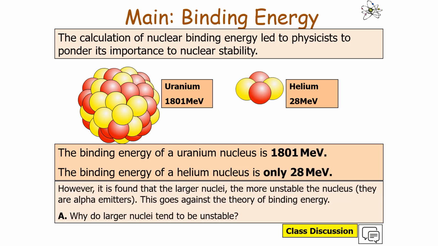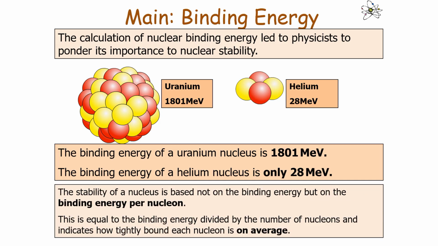However, it's found that larger nuclei tend to actually be more unstable because they tend to be alpha emitters, which goes against the theory of binding energy. So why do these larger nuclei tend to be unstable? Well, the stability of a nucleus is not based on the binding energy, but rather the binding energy per nucleon, which is equal to the binding energy divided by the number of nucleons in the nucleus.